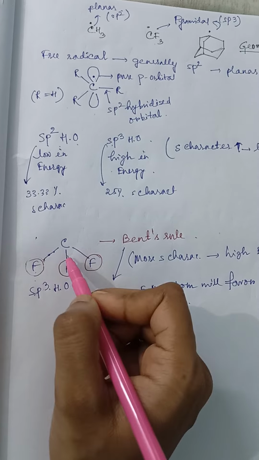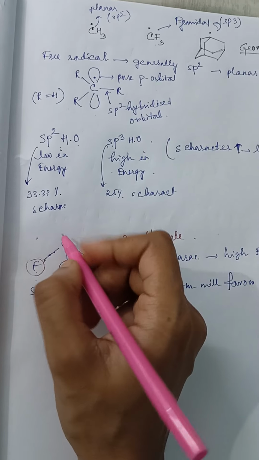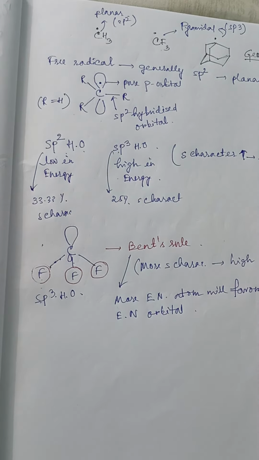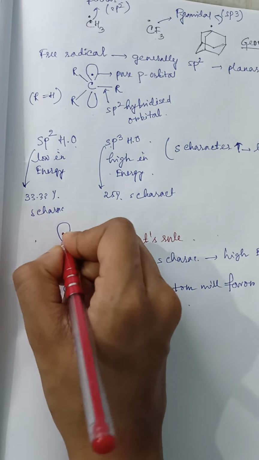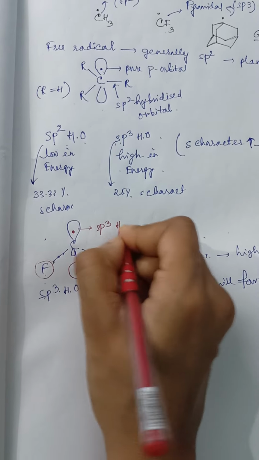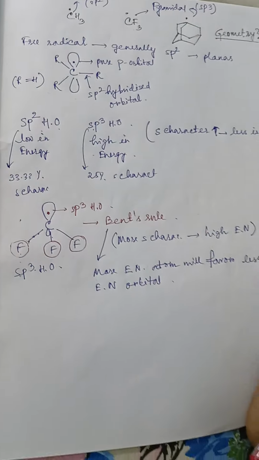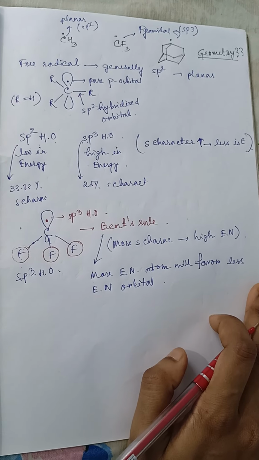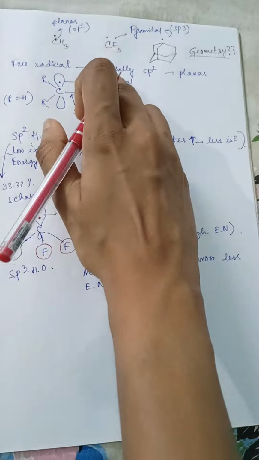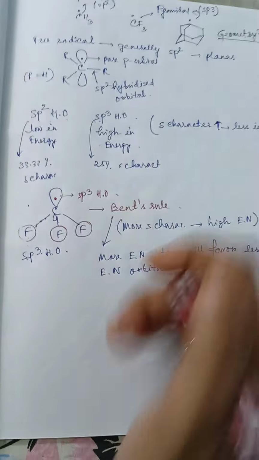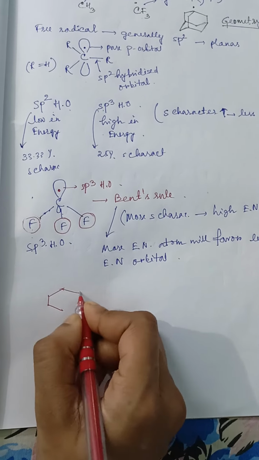One is here, another is here, another is here, and another is in here, like this. And the free radical will be in the sp3 hybrid orbital. I hope it's clear. Okay. So this is the reason why this CF3 radical assumes a pyramidal shape.